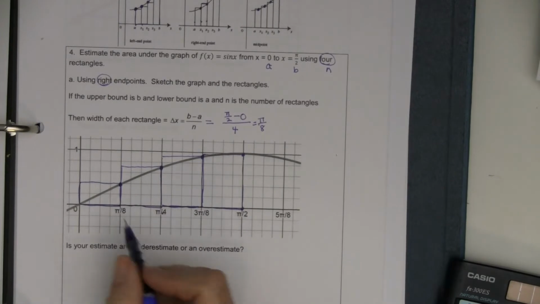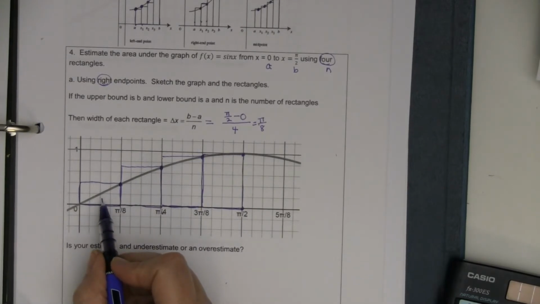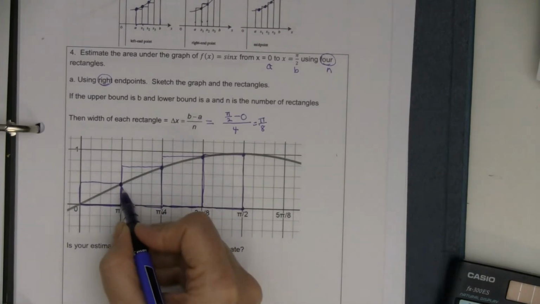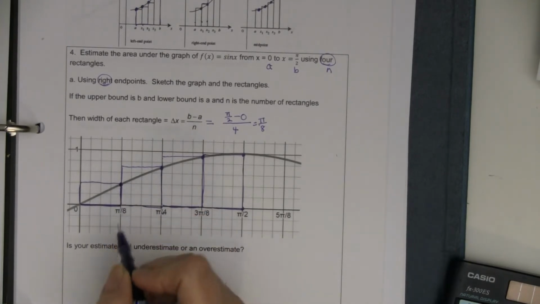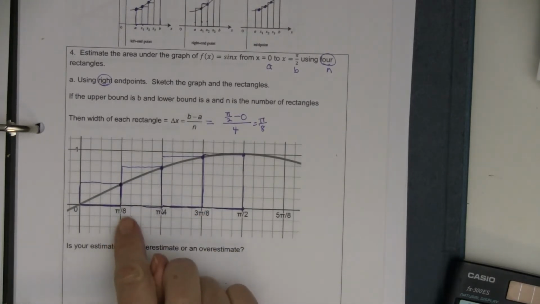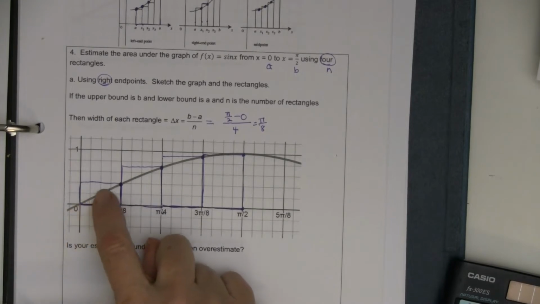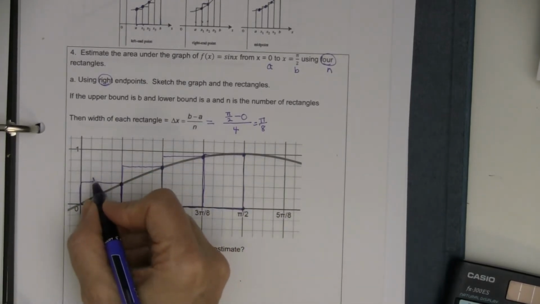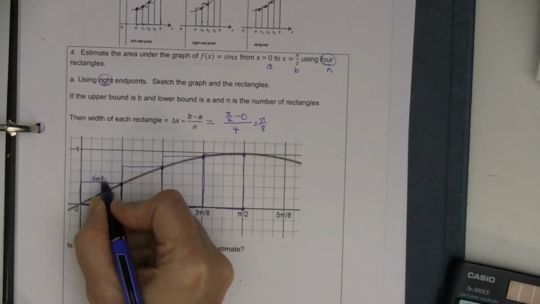Okay, so how I come up with the area of this rectangle, and how you find the area of any rectangle, is you multiply how wide it is by how tall it is. And how tall that rectangle is, we used x equals pi over 8 to determine how high it was. And remember, this curve was the sine curve. So how tall this rectangle is right here is actually sine of pi over 8.